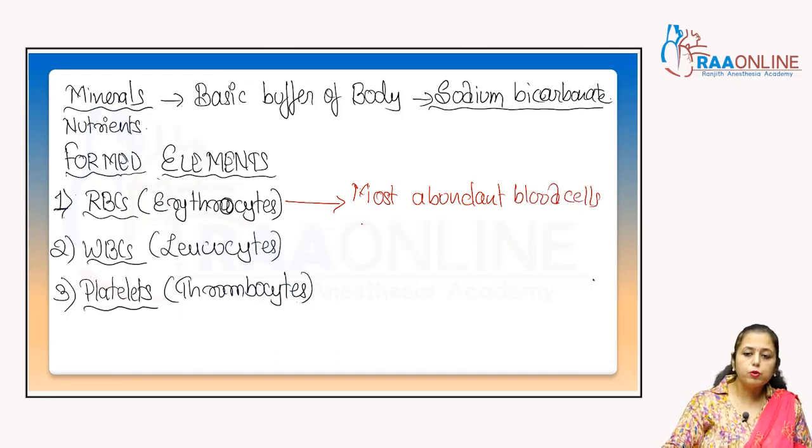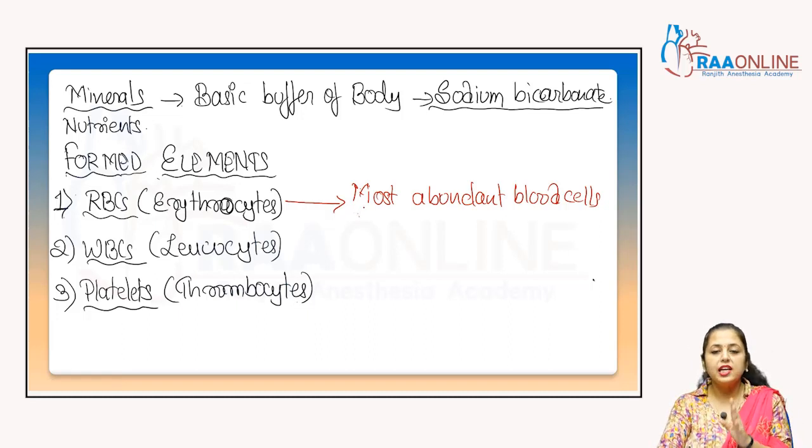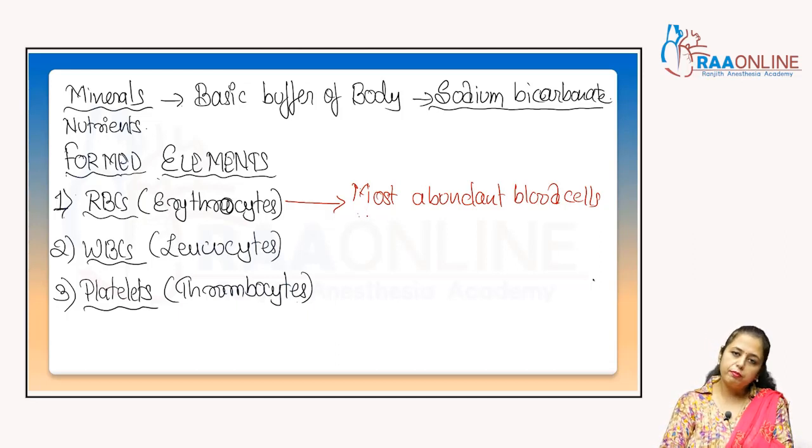Why are they called most abundant? Because if we talk about only NCERT data, then NCERT says that the normal range of RBC is 5 to 5.5 million per cubic mm of blood in males and females both.